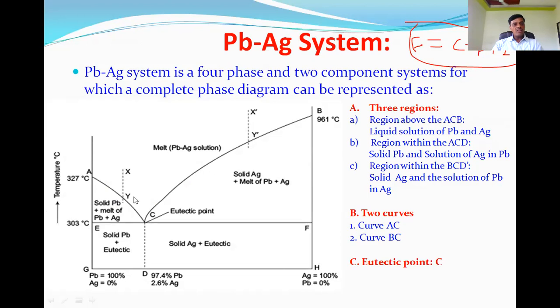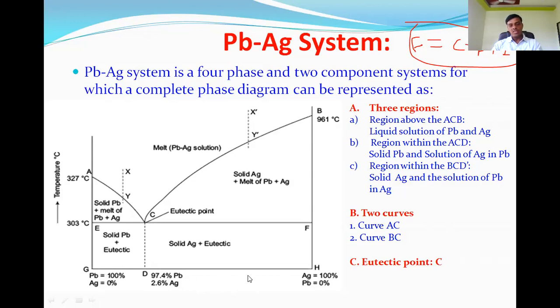Along this curve AC, the curve represents the freezing point of lead on the addition of silver. On the y-axis temperature is taken. When we move from G to H point, or lead to silver, that means when we move from left to right, the composition of silver increases and the composition of lead decreases.